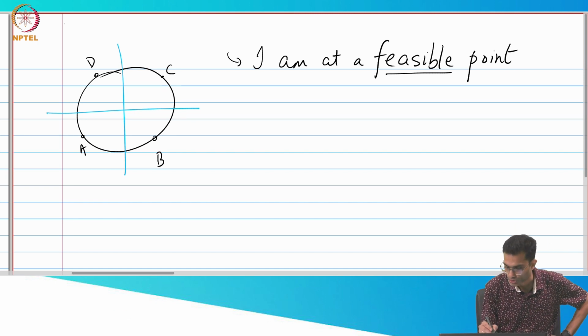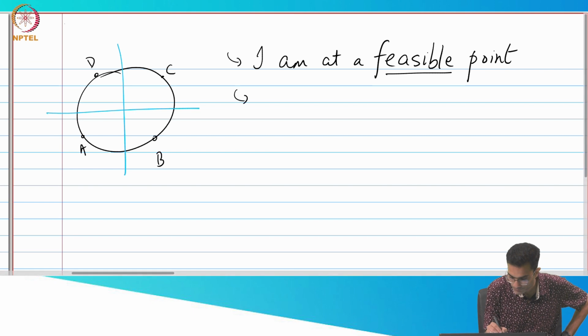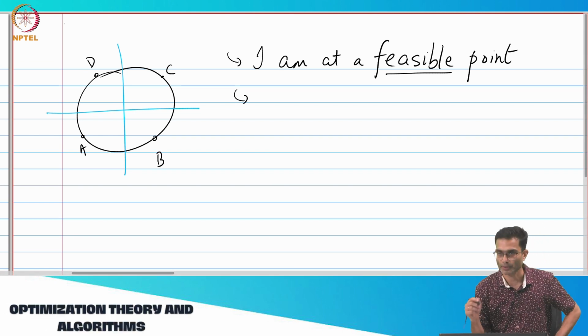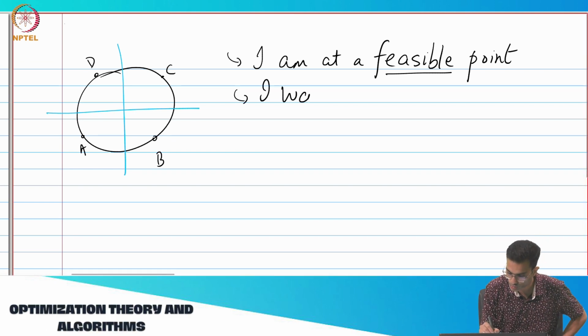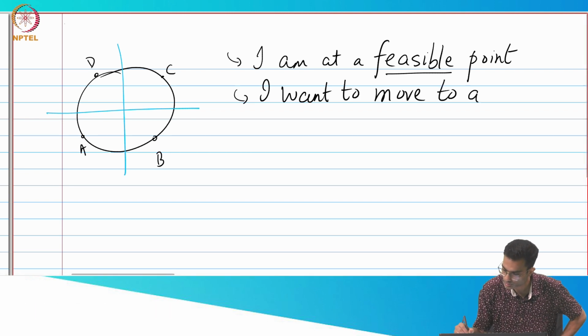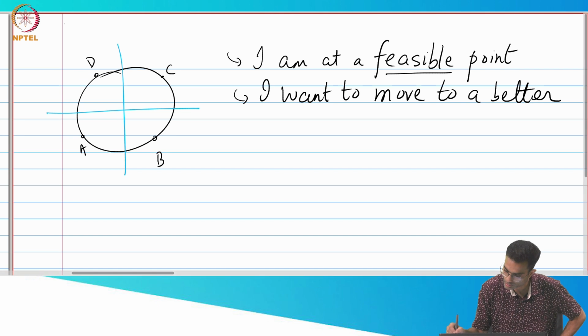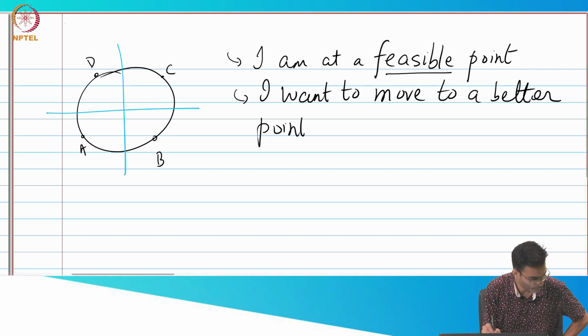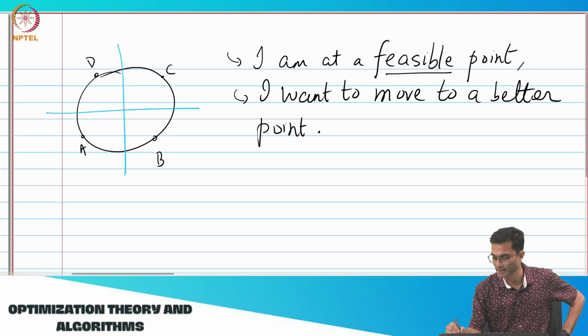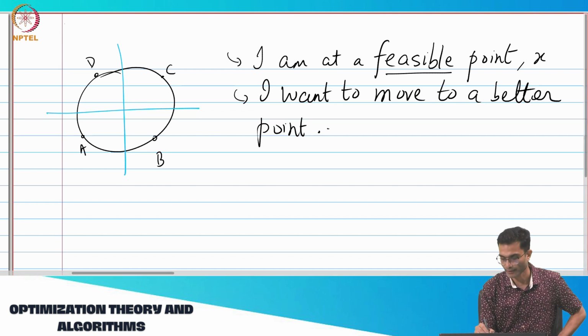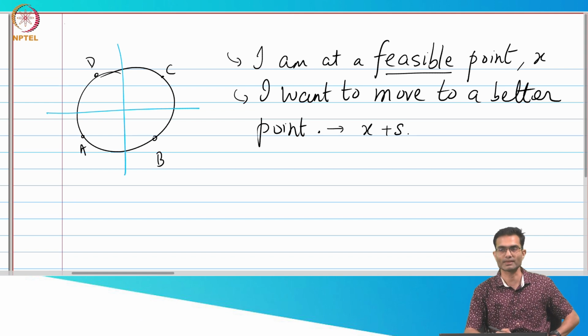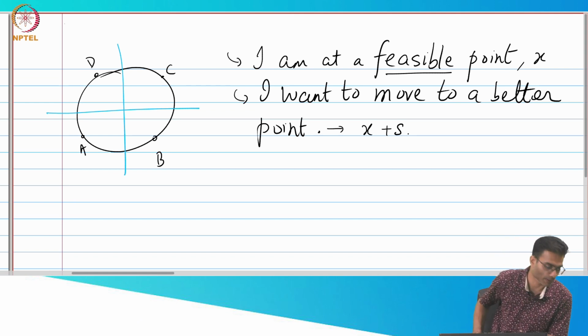Now the question is, I want to move to a better point. So, let us say I am at a feasible point x and I want to move to a point x plus s. Obviously s is a vector of the same dimension.